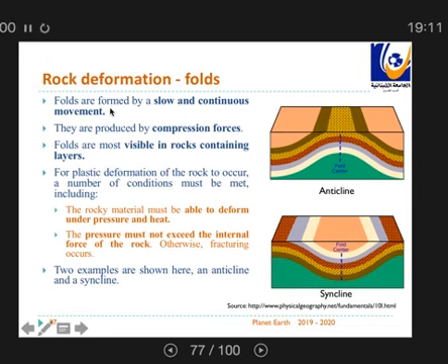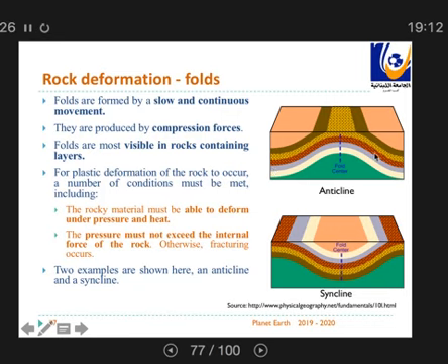Now, folds are formed by slow and continuous movements. They are produced by compression forces here and here. Compression will cause these rocks to fold. Now, we can see folds more clearly when we have a layered rock.